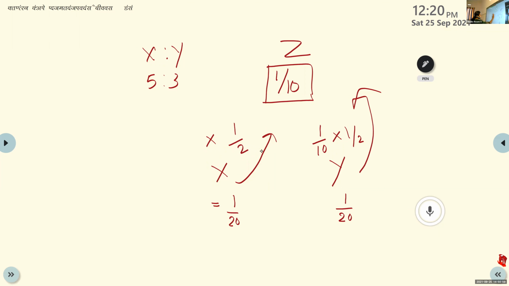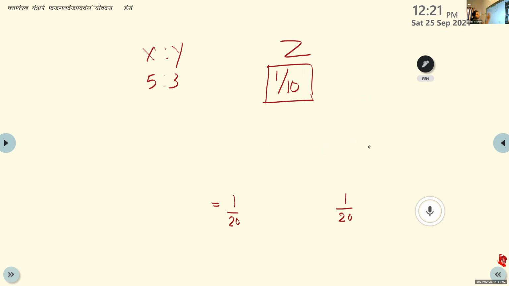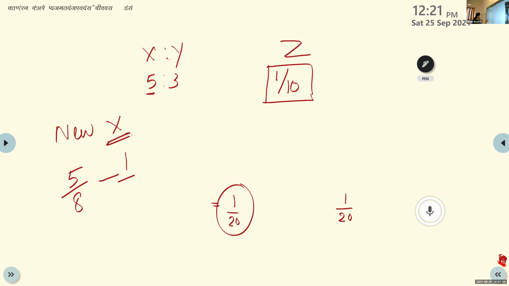Now, our task is to find the new ratio of all of them. So what is the new share of X? Talk about X only. What is the old share? 5/8. From this 5/8, 1/20 is given to Z. 5/8 minus 1/20.